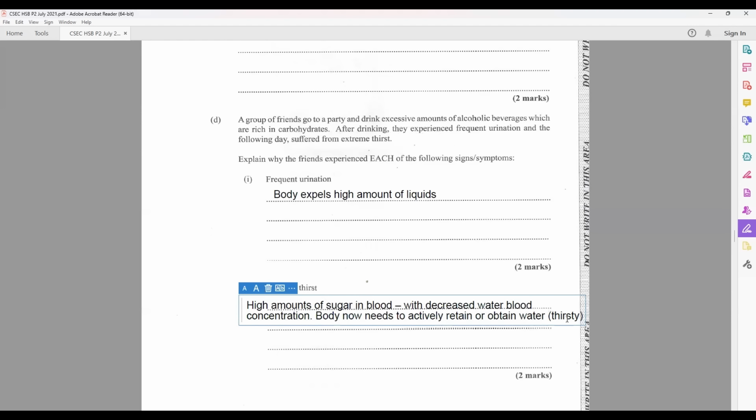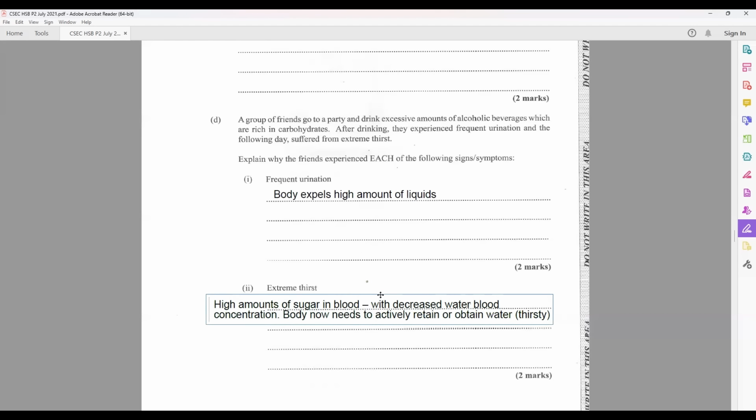In many instances, this results in you being just thirsty. You have high amounts of sugar in your blood and low amounts of water, so you need to get that water back. You need to retain the water, which means your body will indicate that you are thirsty.